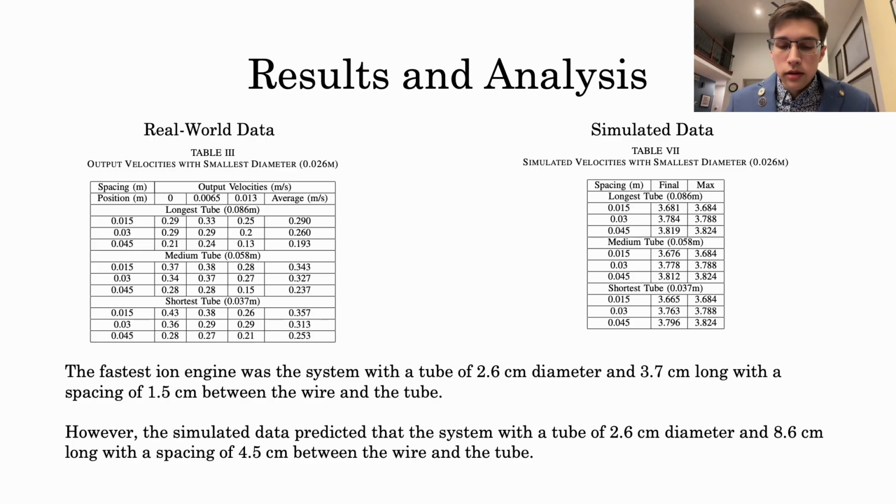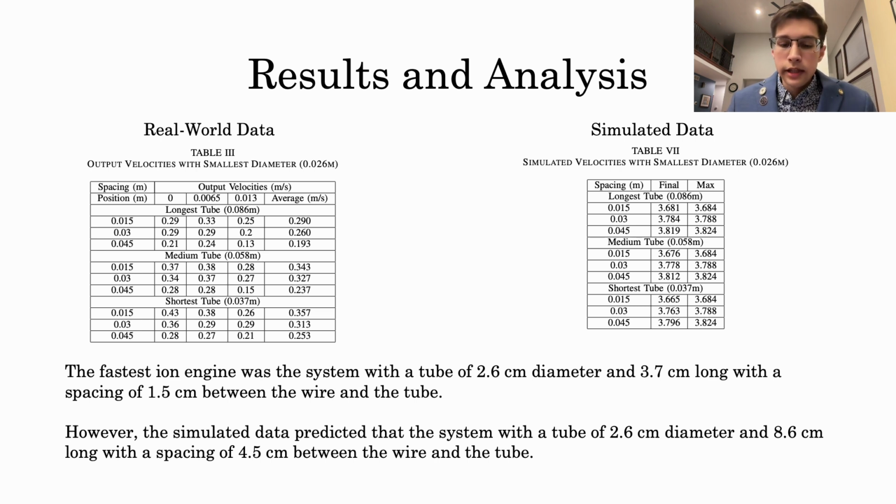Now, our results of the real-world experiment show that the fastest one was the system with a tube of 2.6 centimeter diameter and 3.7 centimeters long, with a spacing of 1.5 centimeters between the wire and the tube.